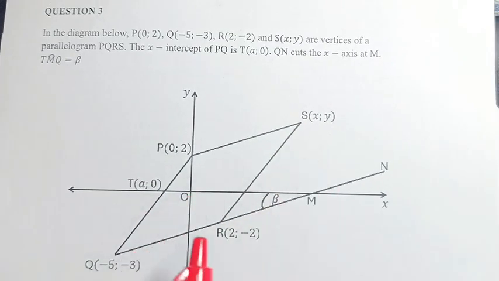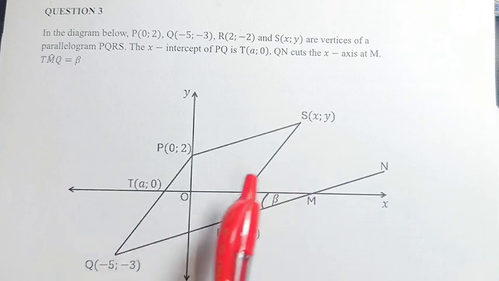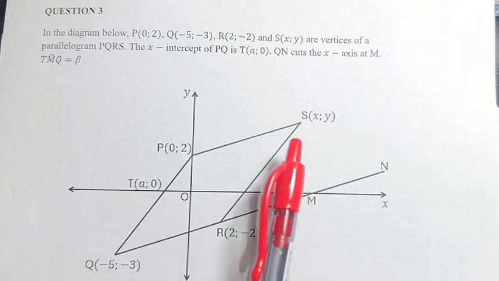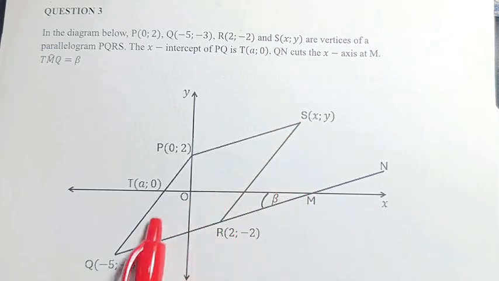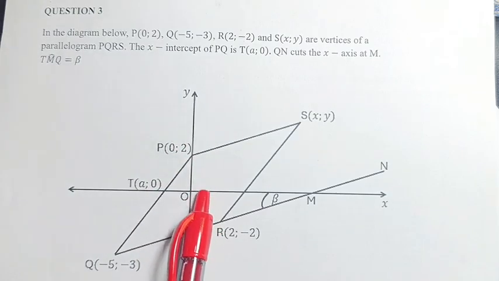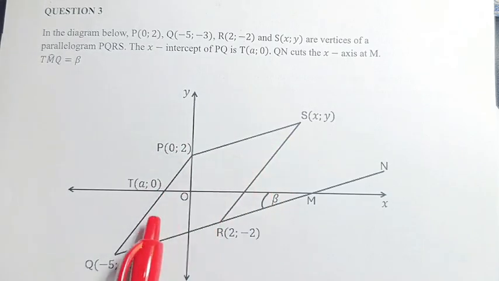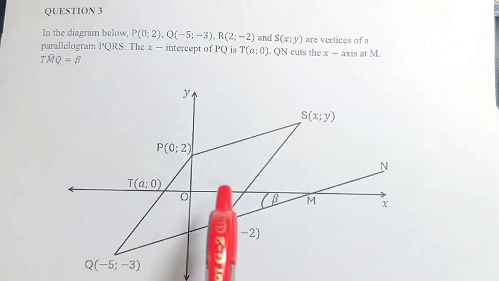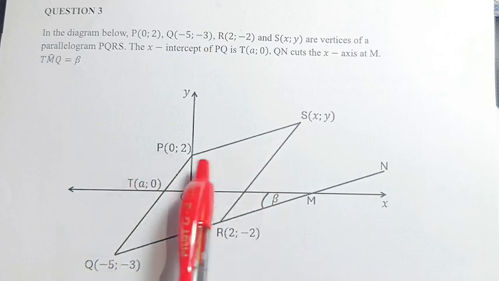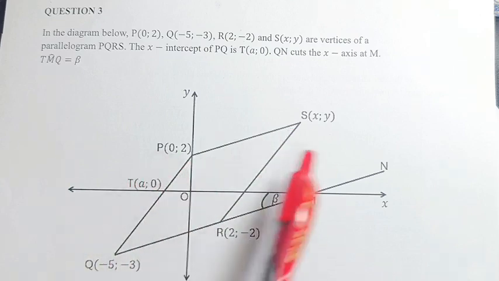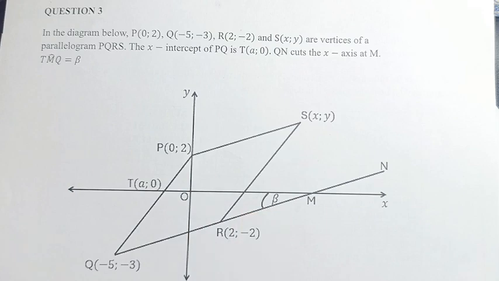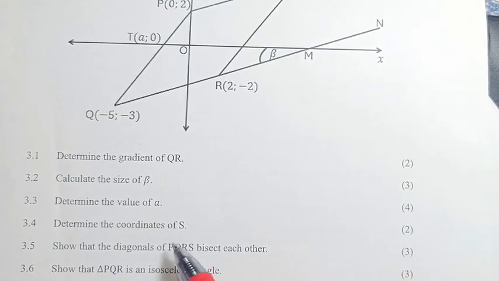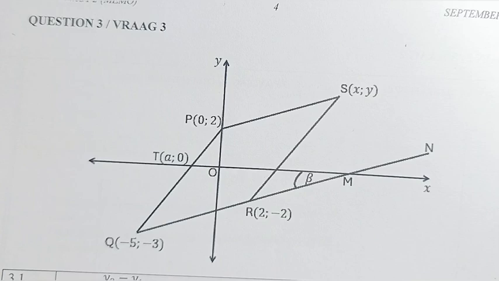So there's two ways to solve this question: by inspection, or you can use the midpoint as well, because both diagonals bisect each other, and then I can find the midpoint of one of the diagonals, and then I can equate the midpoint. Or by inspection I can solve this question. So the answer will be the same. You can see this is a 2-mark question, so I rather go by inspection.